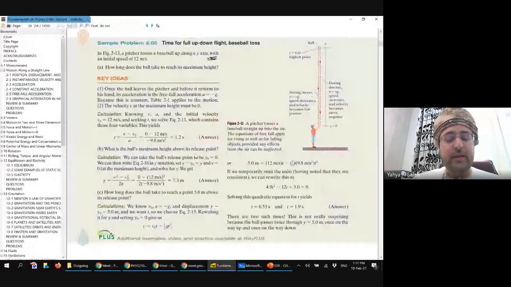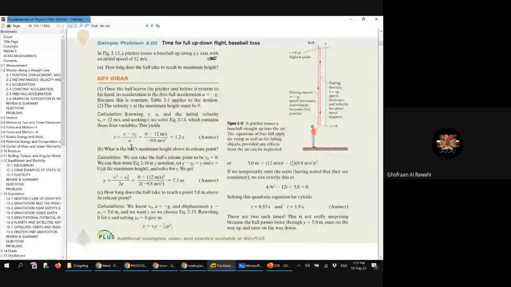What equations do we use for free fall? The same.